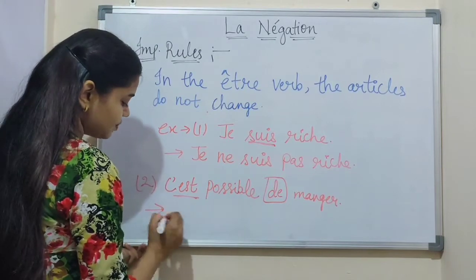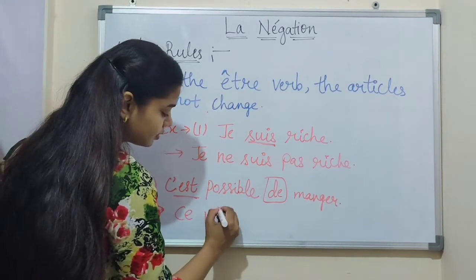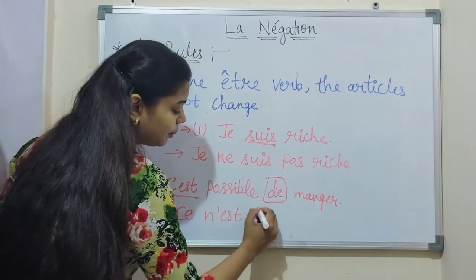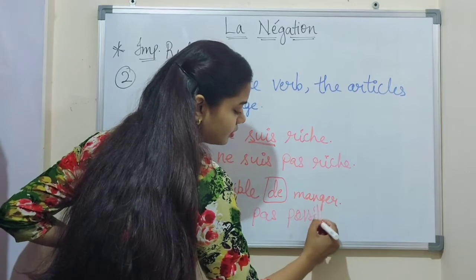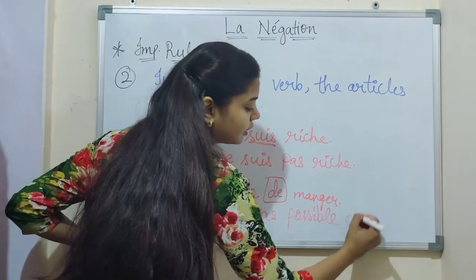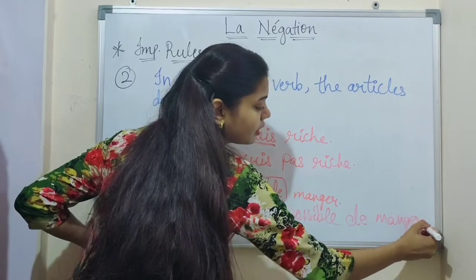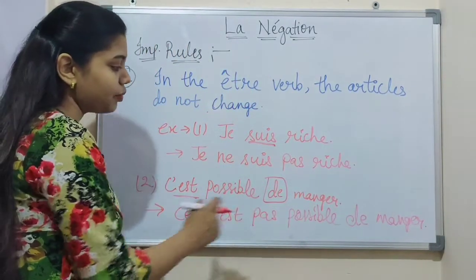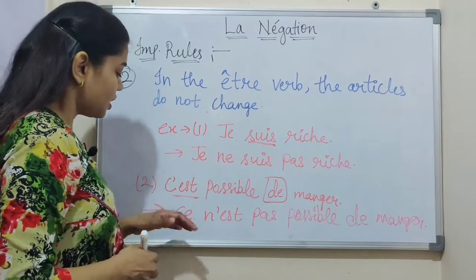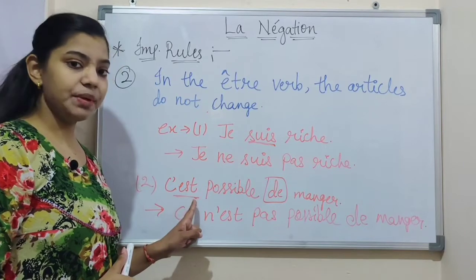So the negative of this sentence is ce n'est pas possible de manger. Okay, I hope it is visible. So ce n'est pas possible de manger. Ce, ठीक है, and the verb is est, that means être.